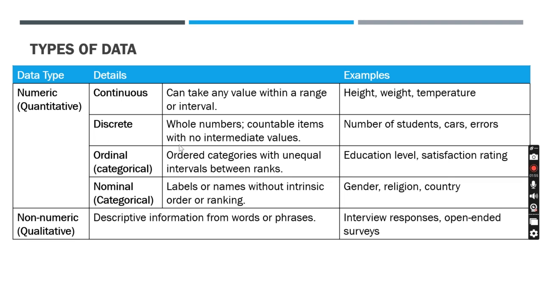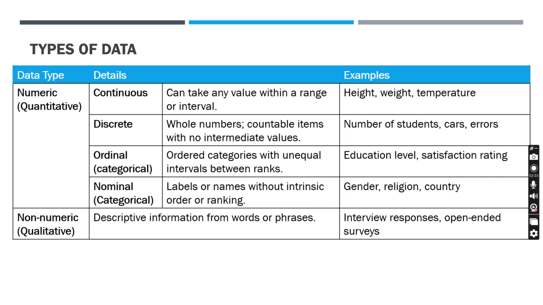And ordinal data means we have ordered categories. For example, when measuring satisfaction level, if someone asks how satisfied you are with the food you are eating, you can put it in order: very highly satisfied, satisfied, medium satisfied, not satisfied, strongly not satisfied.